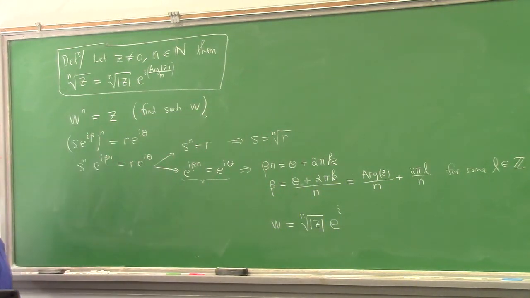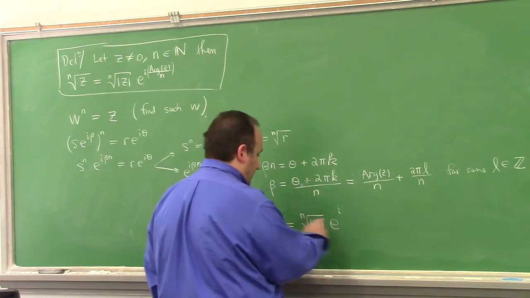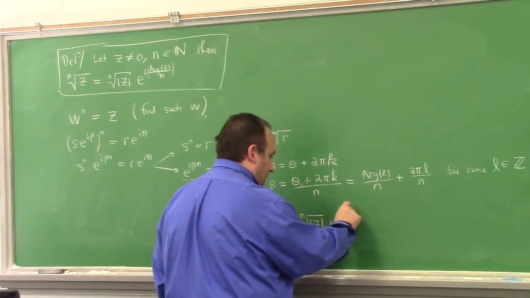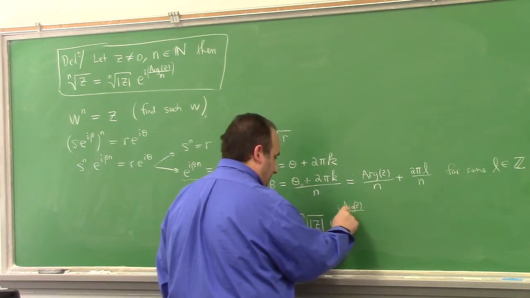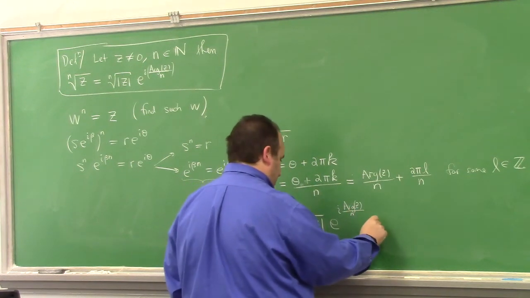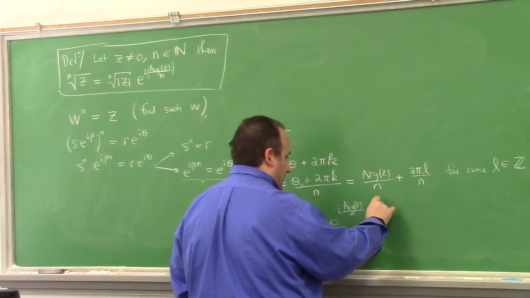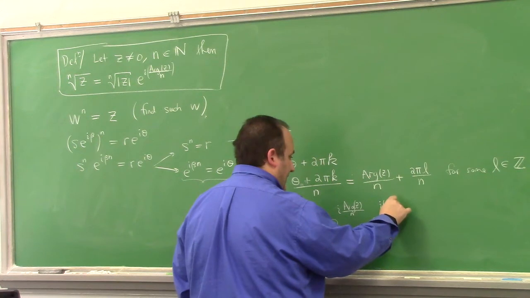If I said theta was the argument, then we'd have k equals L, all right? But the point is, this w is equal to the nth root of the modulus of z times e to the i arg z over n, times e to the i times 2 pi L over n.